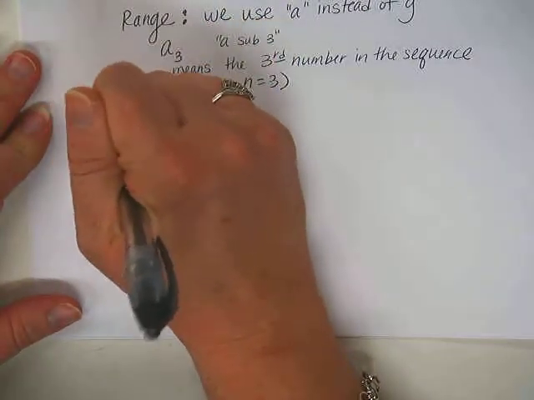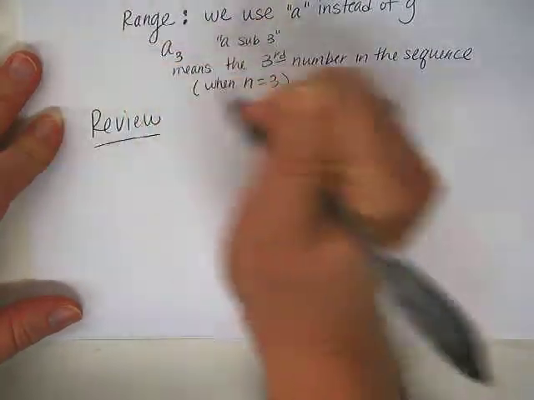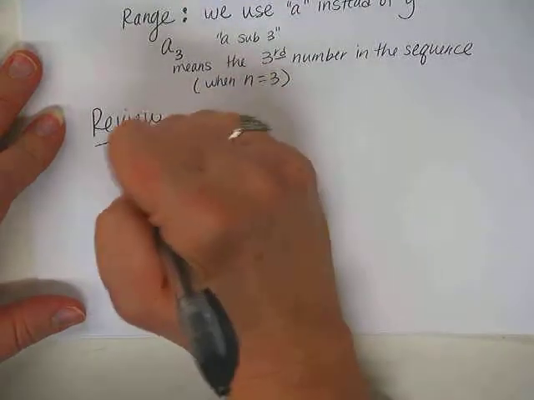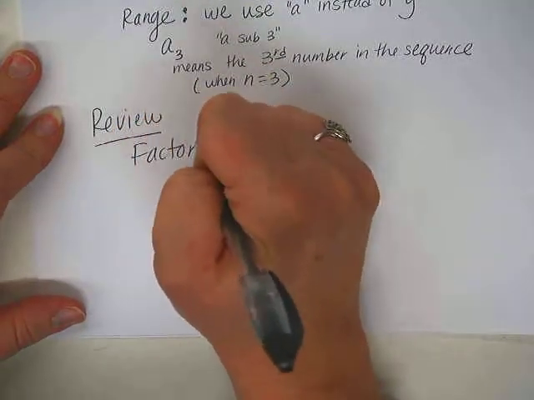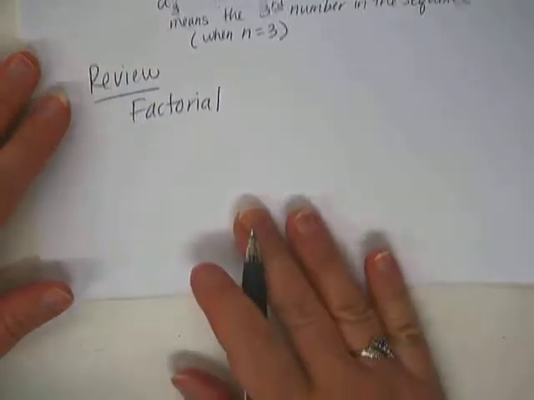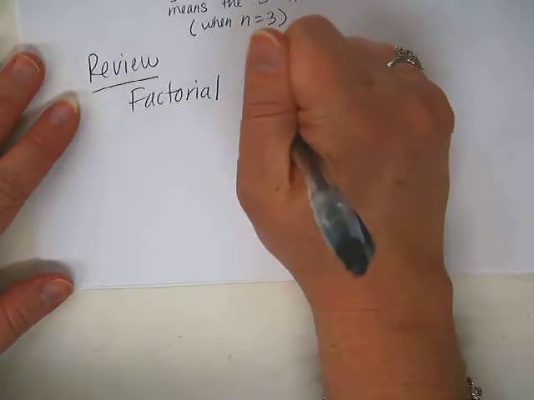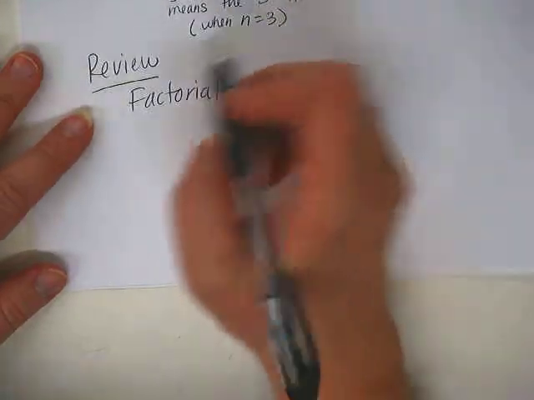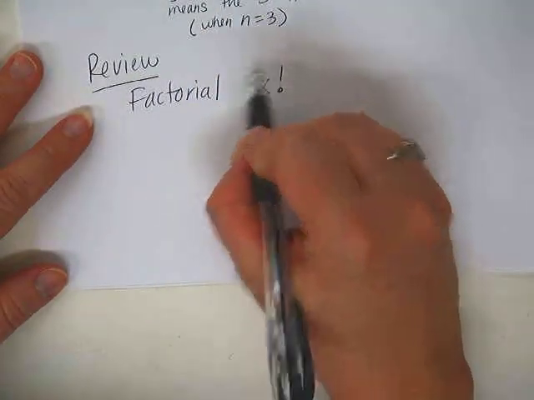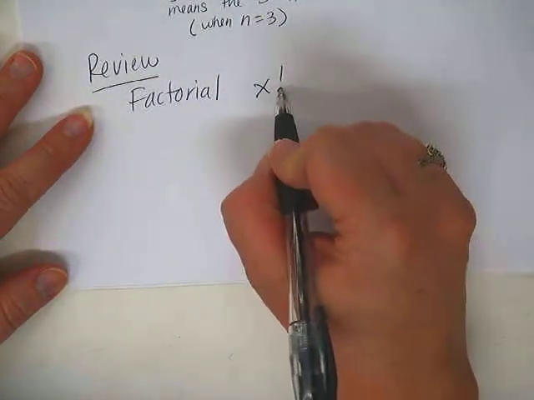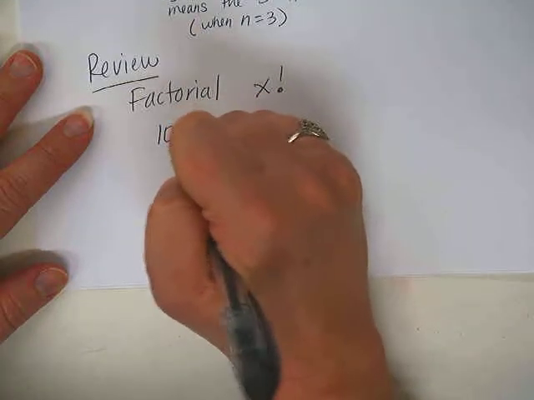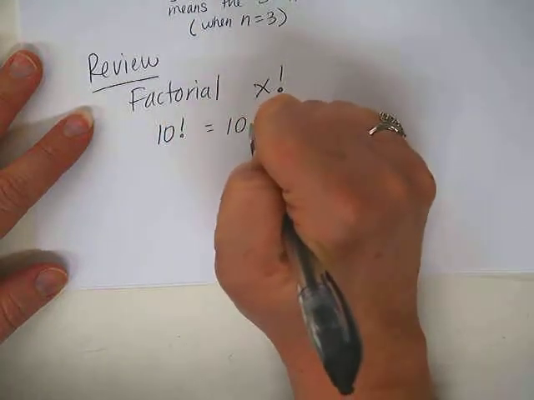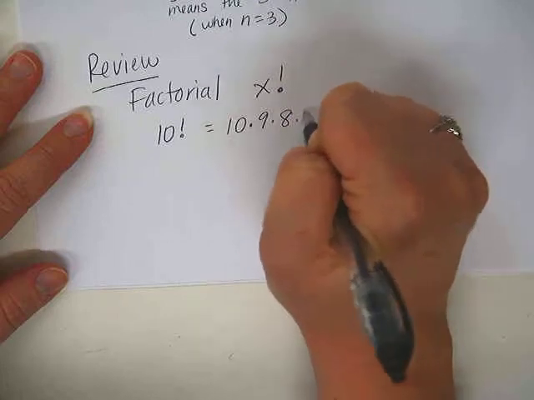Okay, just a quick review before we get into what sequences are and look at some examples. First of all, we need to review what a factorial is. Does anyone remember that? Factorial, you might see something like x with an exclamation point. There's typically a button on a scientific calculator that will allow you to do that.